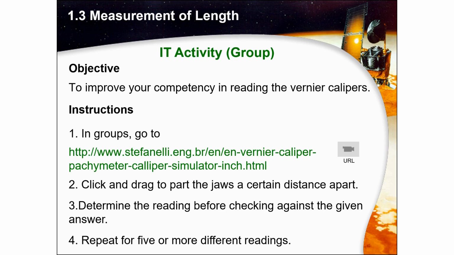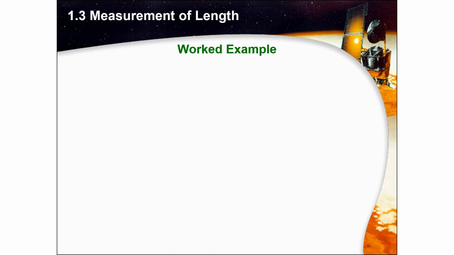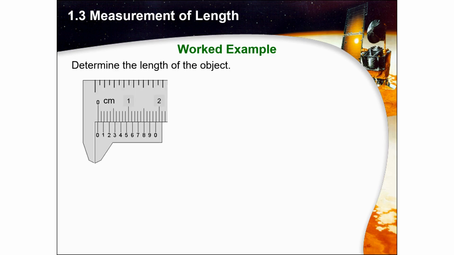See another example of how to count the zero error in the vernier calipers. We can see that before the vernier calipers is used, the 0 downwards is actually on the left side of the main scale. So which means we have negative zero error.